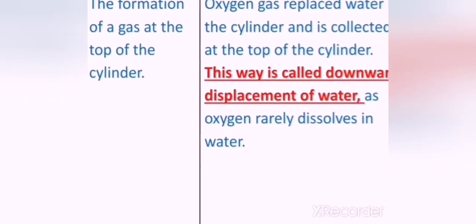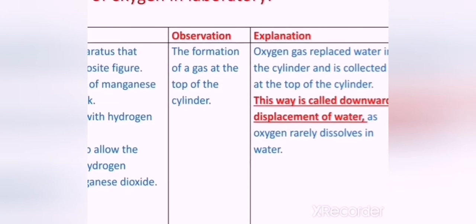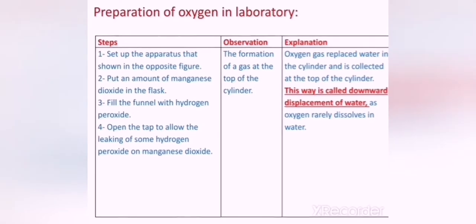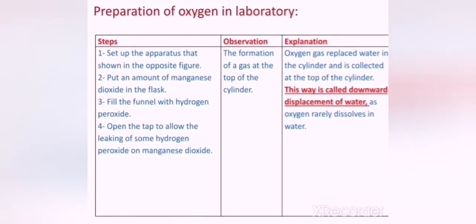So you have to differentiate between the method to prepare the oxygen in the laboratory and the way to collect the oxygen gas. Oxygen gas is collected by downward displacement of water because it doesn't dissolve in water.